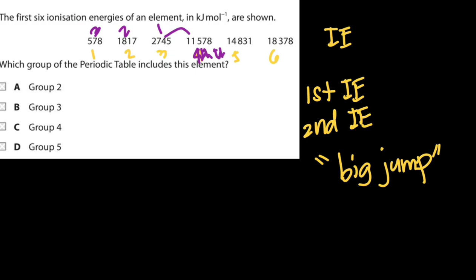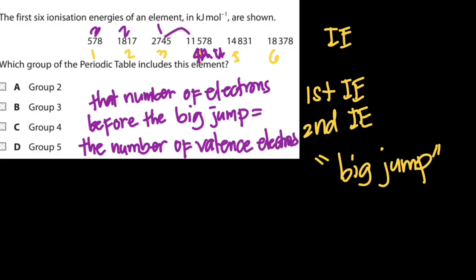That number of electrons is equal to the number of valence electrons. And the number of valence electrons determines the group number of the element for the main group elements.